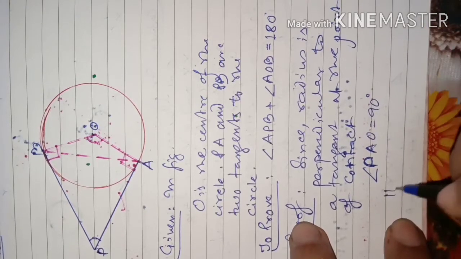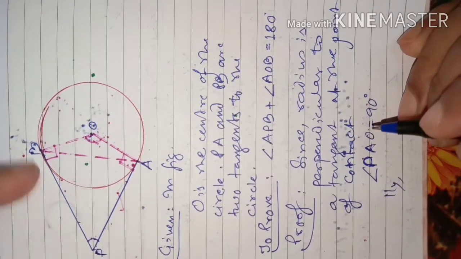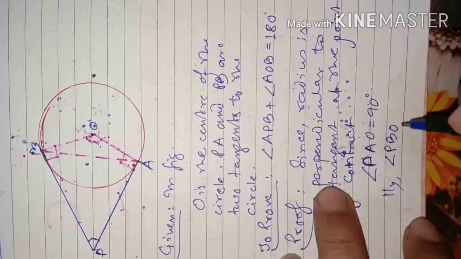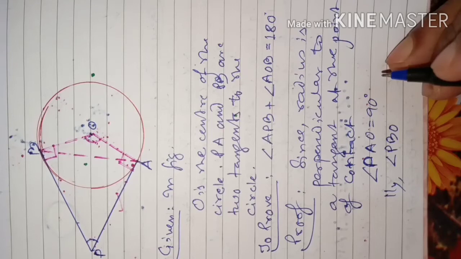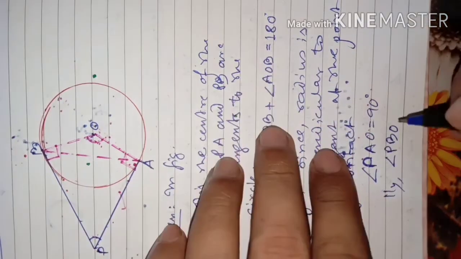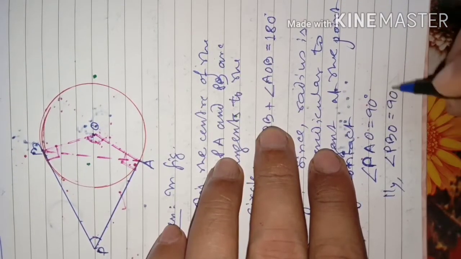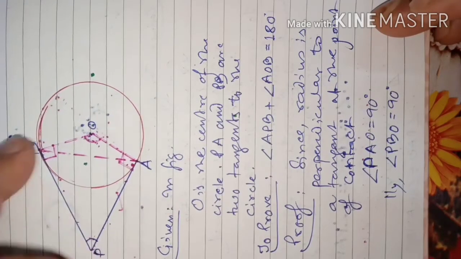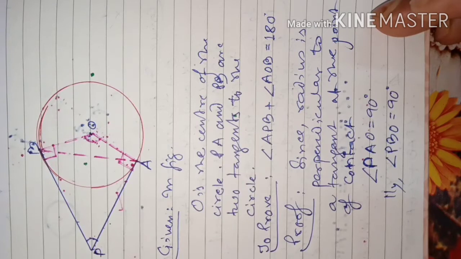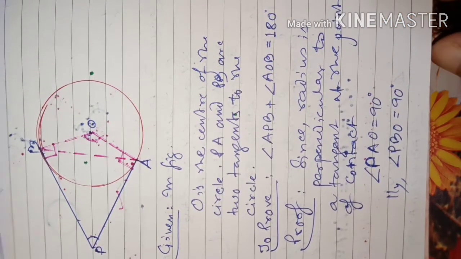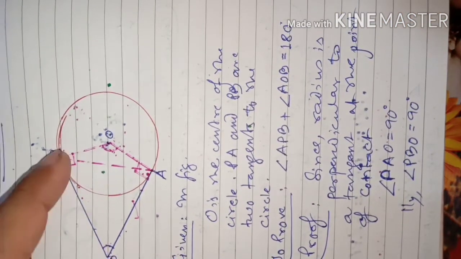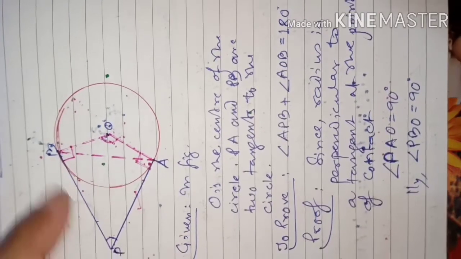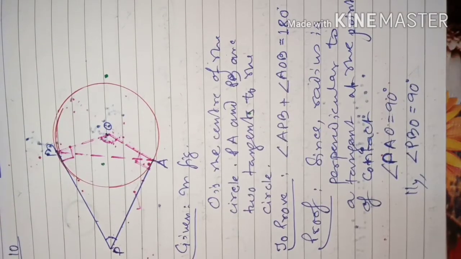Similarly, angle PBO is also equal to 90 degrees. So angle PAO and PBO are both 90 degrees each. So in quadrilateral PBOA or PAOB, the sum of the four angles is 360 degrees.